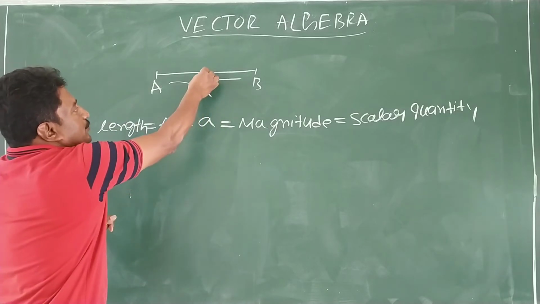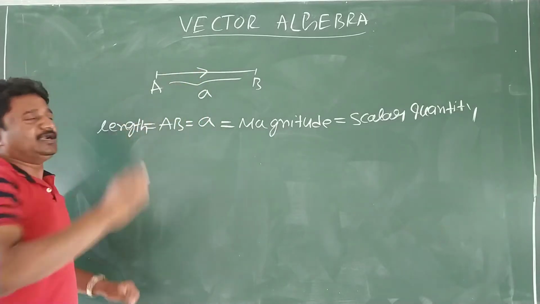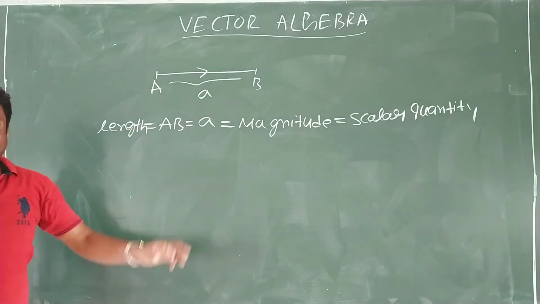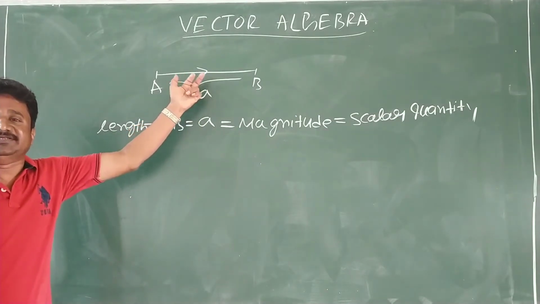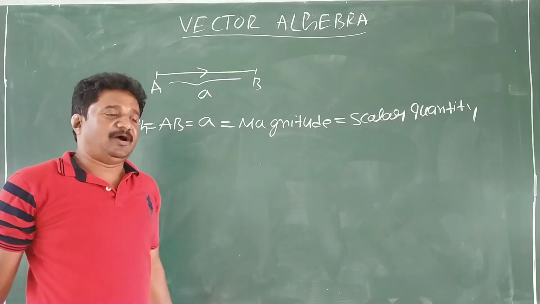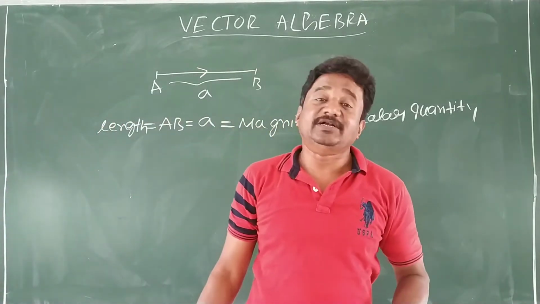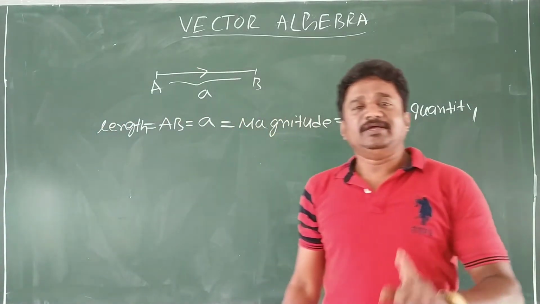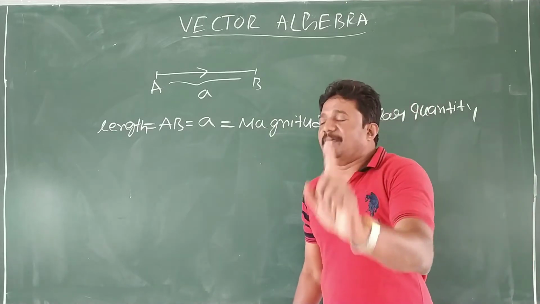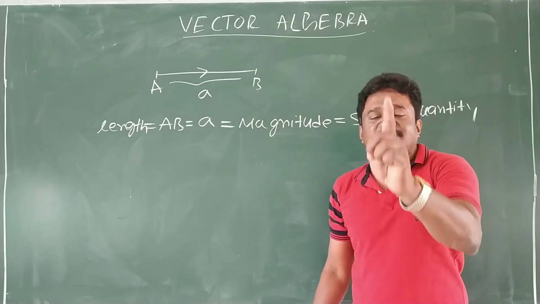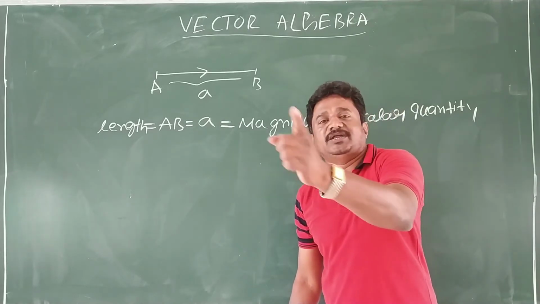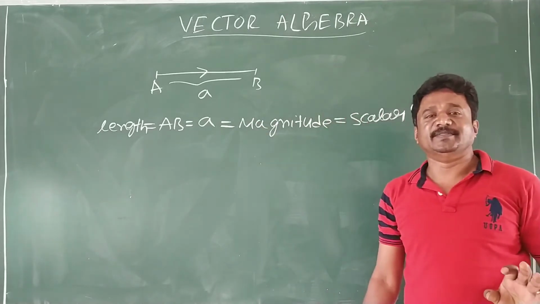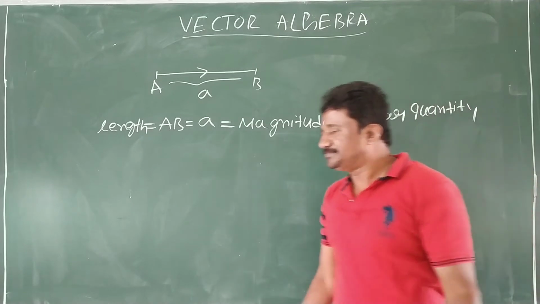If I give particular direction, now it is becoming a vector. Vector means it is the combined form of both magnitude and direction. What is vector? Vector should have both magnitude, both length in addition to that direction. So the combined form of both magnitude and direction is called a vector. So define vector, students.